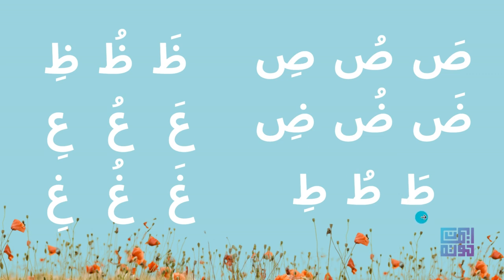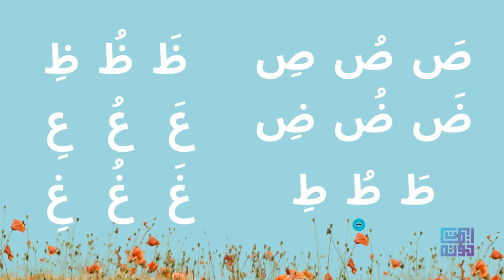What about this letter? The name of this letter is Ta. The equivalent of this letter is Ta, right? But this one is a heavy letter. It's an elevated letter. So we say Ta. With a fatha, it's Ta. With a Damma, it is To. It's not Tu.